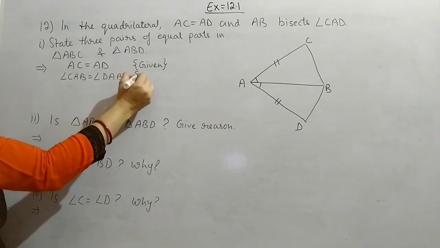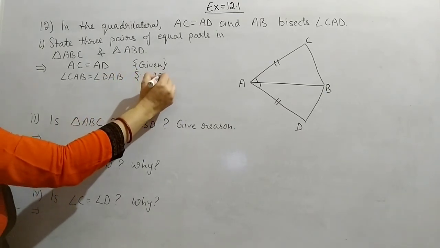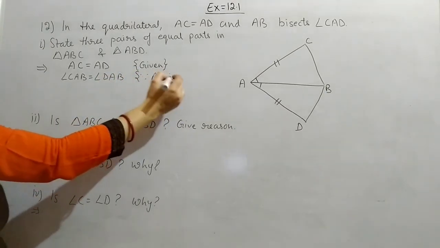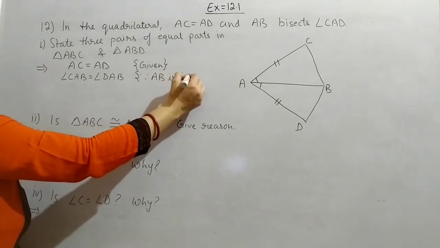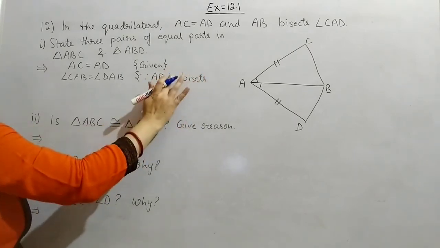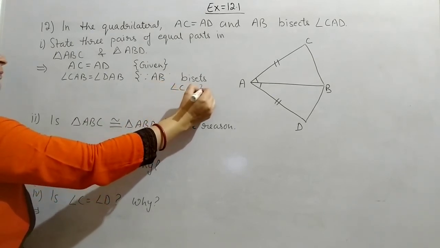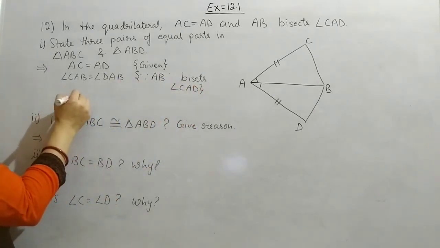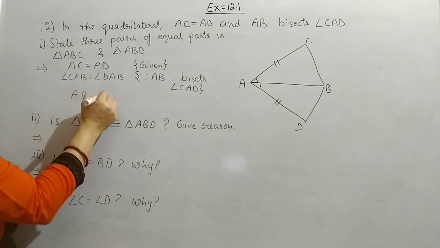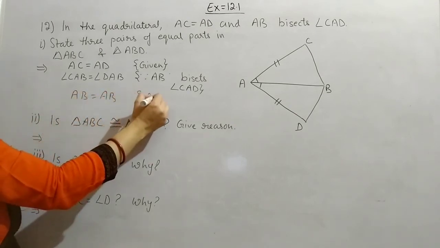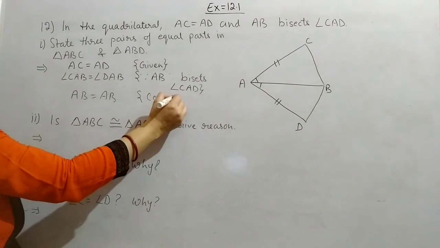Reason? Because AB bisects angle CAD. Third, we can write AB is equal to AB. This side is common for both the triangles.